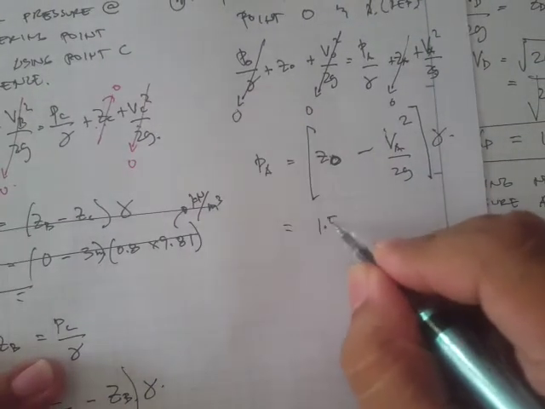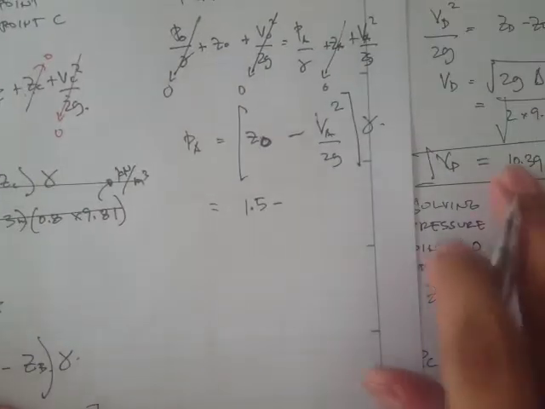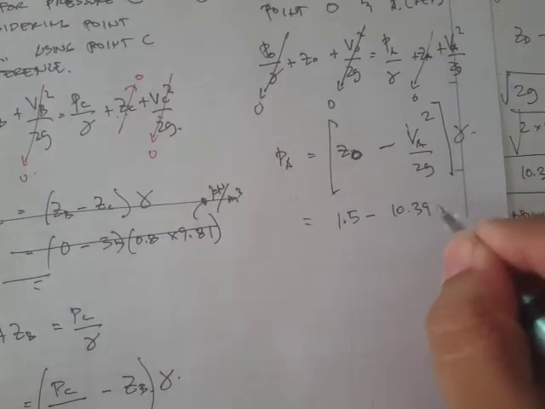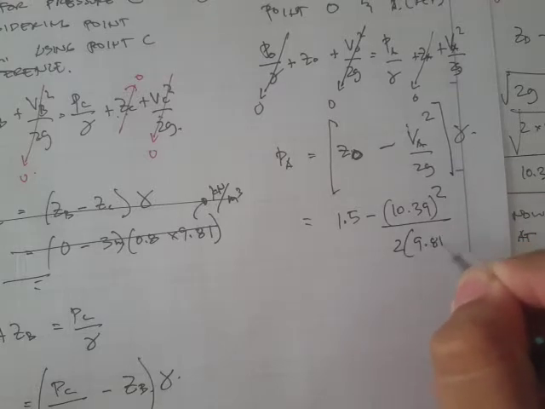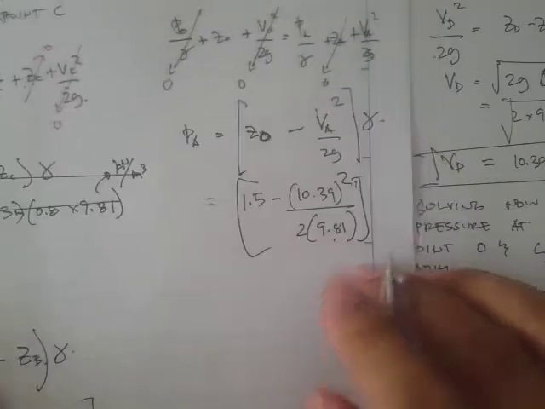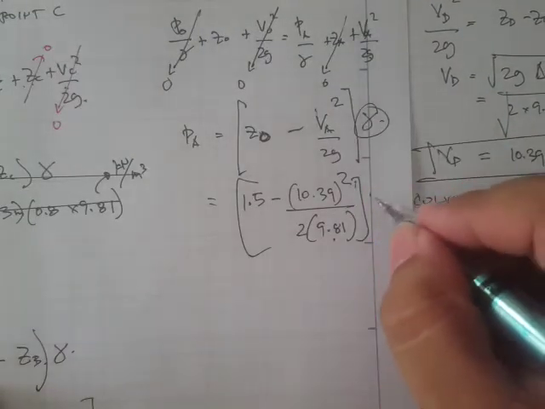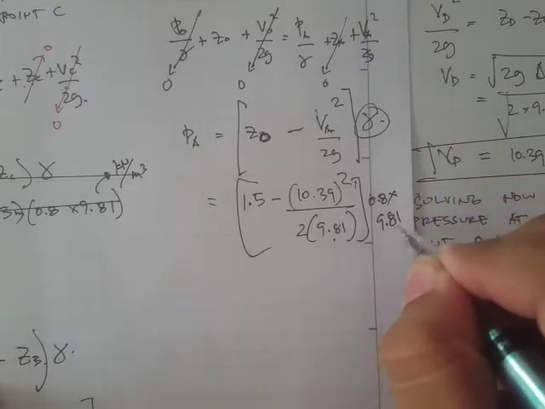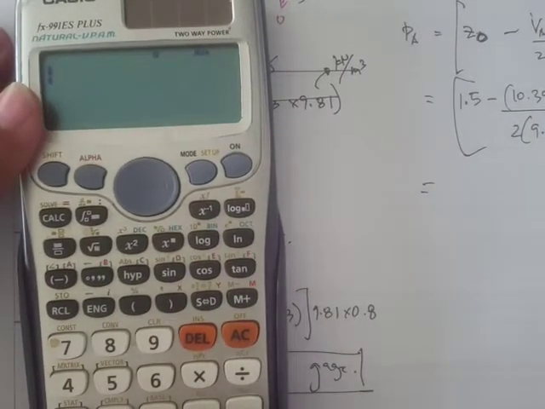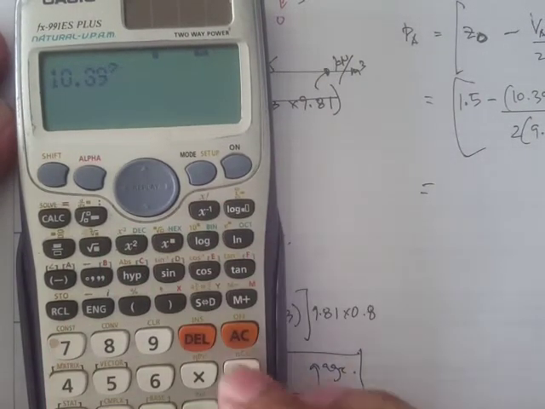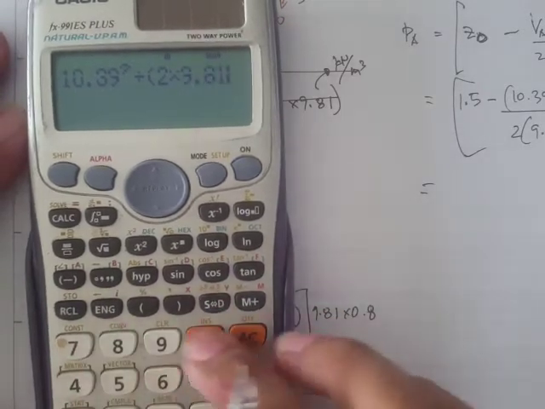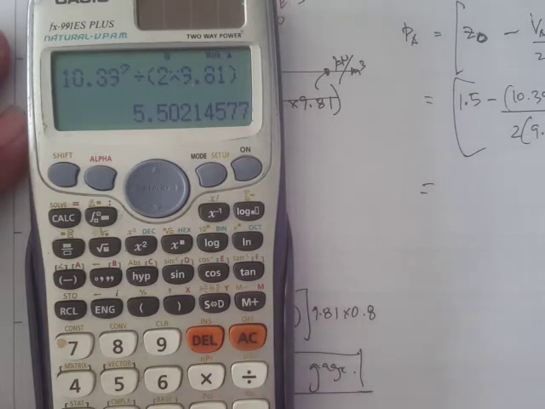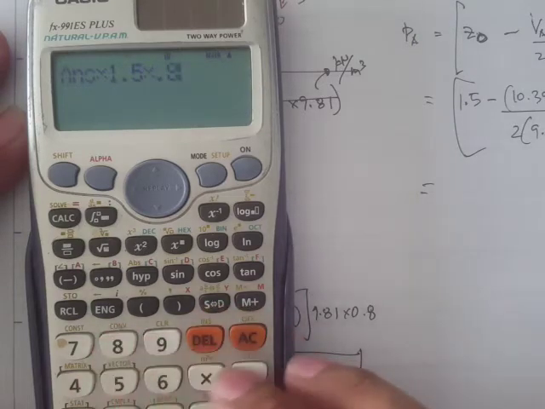That's positive, so 1.5 minus the velocity at A, which is 10.39 squared over 2 times 9.81, where this 9.81 is meters per second squared, whereas this one would be 0.8 times 9.81 kilonewton per meter cube.